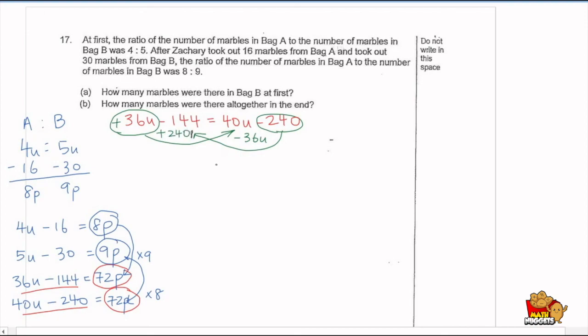So this tells me my units over here, I will have 40U minus 36U. Let me just write it out. 40U minus 36U. And as for the numbers on the left side, I have 240 minus 144.